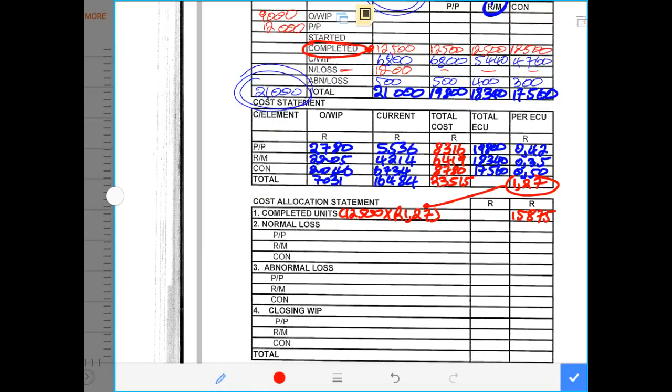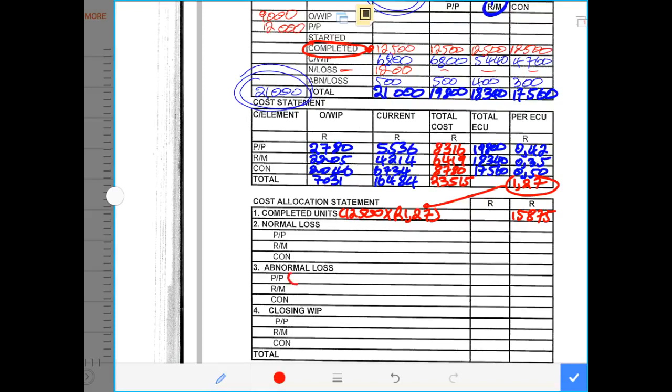Then now we go to the normal loss, and we know that the normal loss will not be accounted for because it's at the beginning of the year. So now we do nothing about the normal loss. We only go to the abnormal loss. For abnormal loss, we check for the previous process.